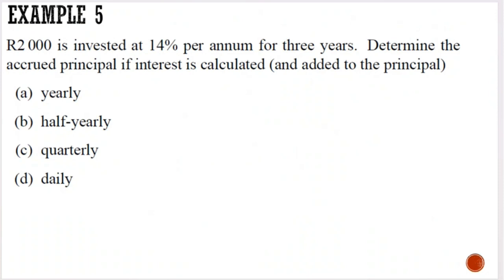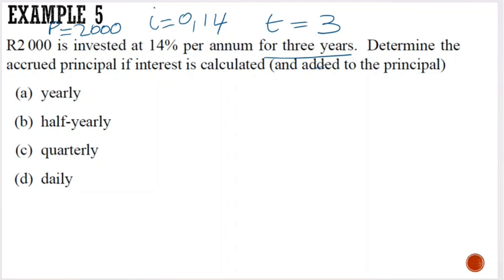If ever you determine the accrued principal, if the interest is calculated, here your T is in years, so you've got your T is 3. So your interest is equal to 0.14, and then your P is equal to 2,000. But now there is a compounding.